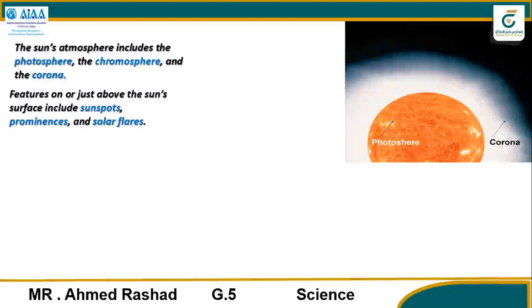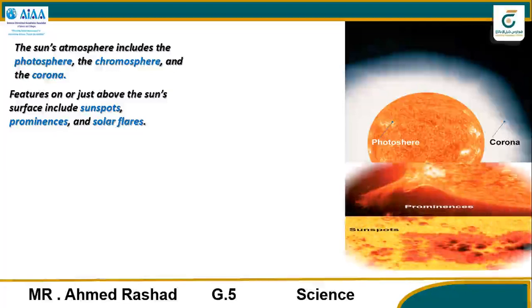So the atmosphere of the Sun includes three layers: photosphere, chromosphere, and corona, and the features that are made above the surface of the Sun. Number one, sunspots, places that are waiting to explode or blow by the nuclear fissions.